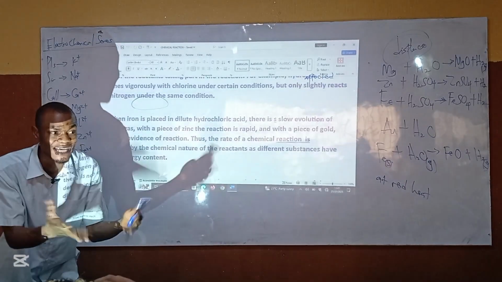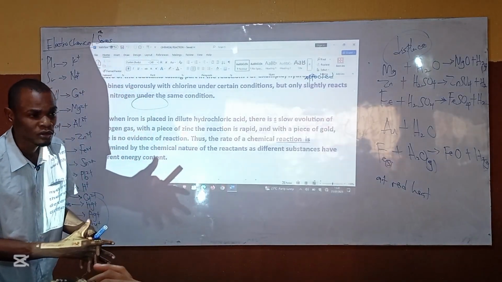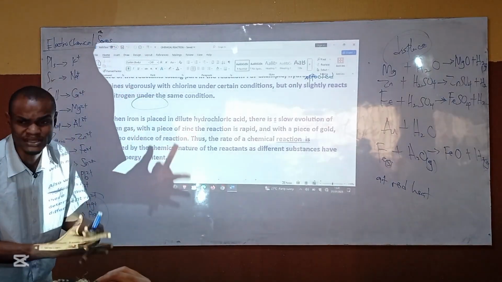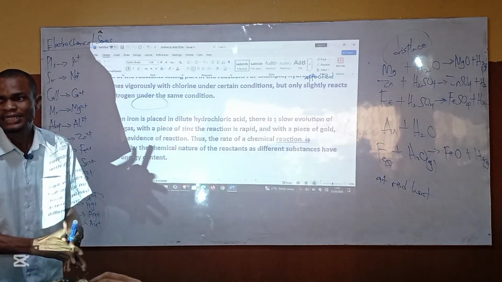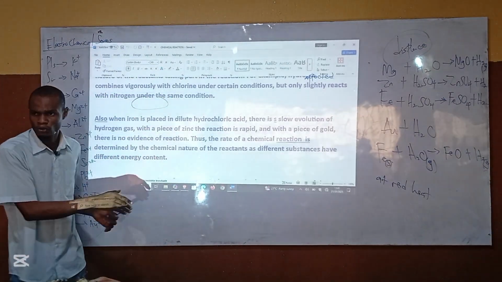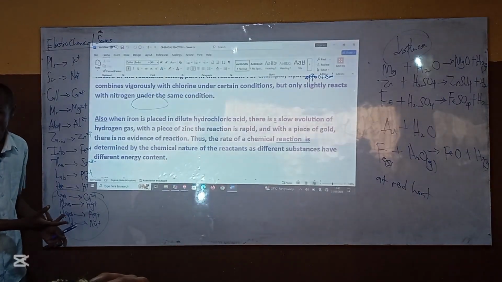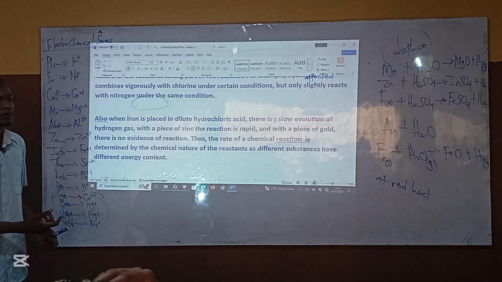So they cannot react. Can water react with a real gold? Can water react with a real silver? They don't even use copper to electroplate metal, because it doesn't react with water.